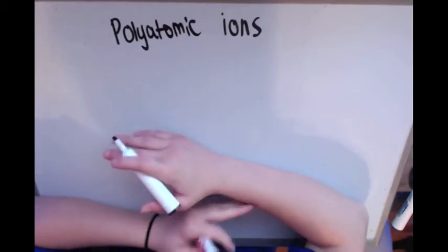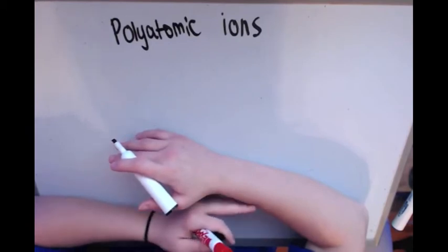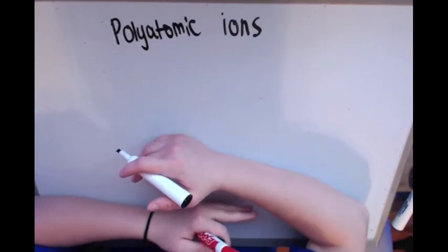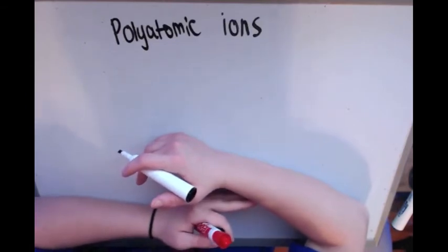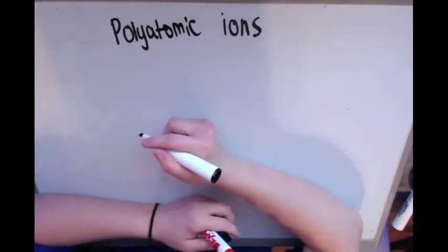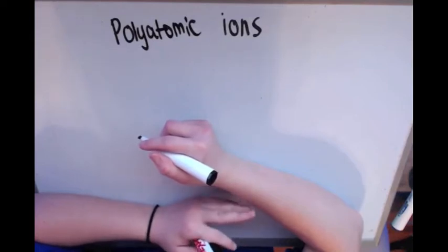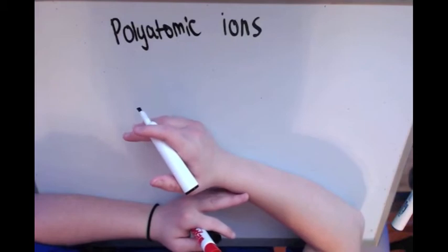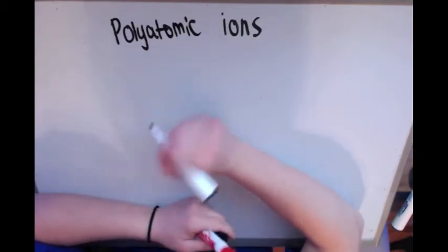On the periodic table, you have elements, and in the real world, we have atoms of those elements, right? The elements we're looking at on the periodic table usually are not charged. They have a neutral charge of 0, right?